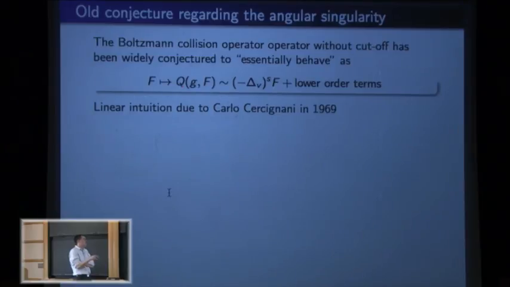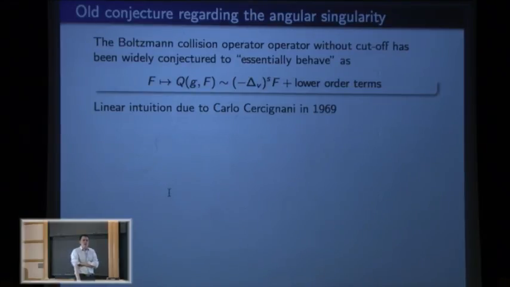If you think of G as a parameter function, and F as the mapping into Q(G,F), where F is really the second component of this Q, then there's a conjecture, now proven, that this operator is of the order minus Laplacian in the V variable to the power S of F plus lower order terms. And the linear intuition is due to Carlo Cercignani in his 1969 book.